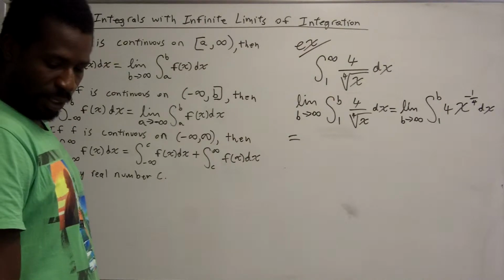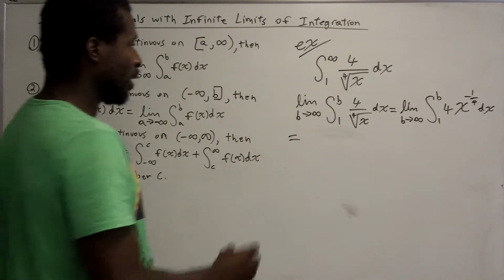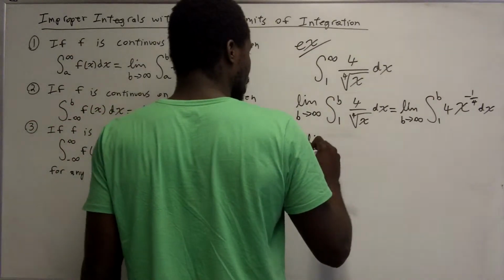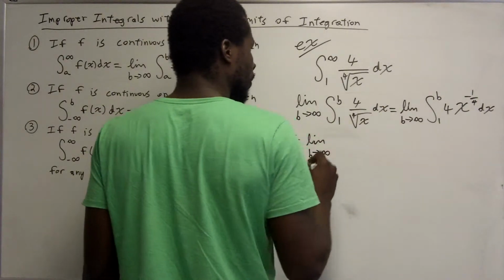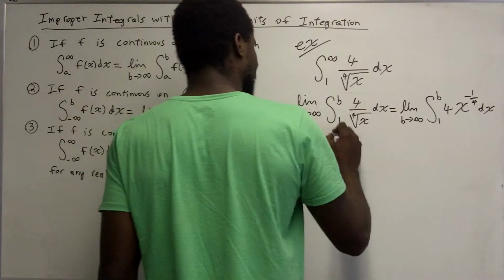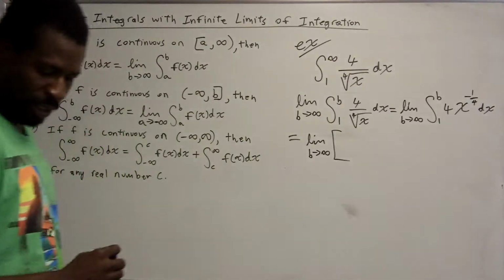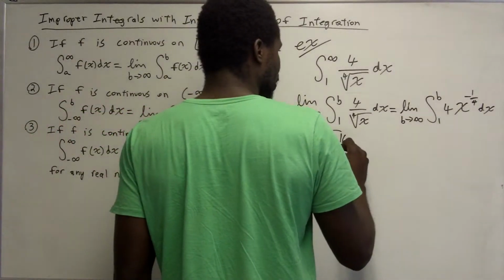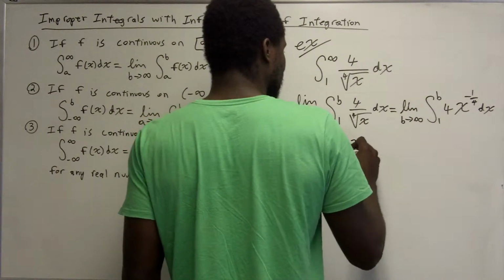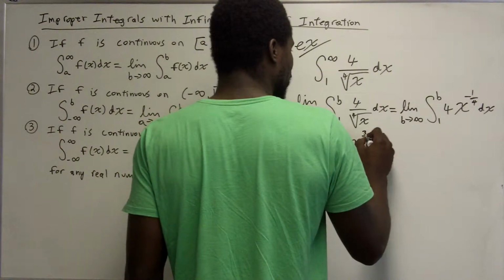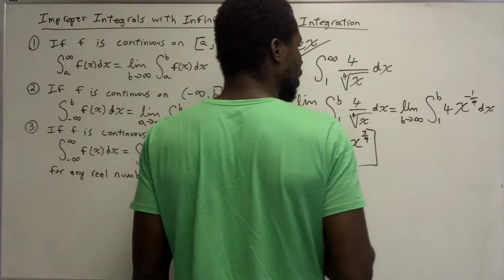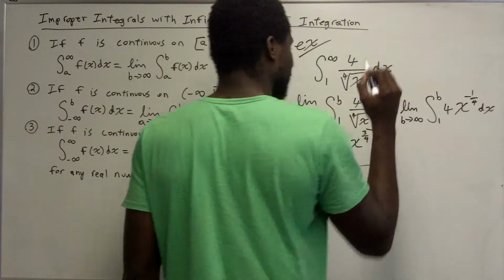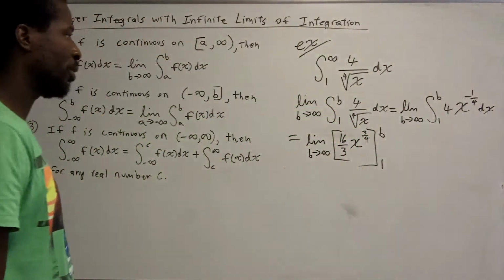Upon taking this antiderivative, I get that it's equal to the limit as b approaches infinity of 16 over 3 times x to the 3/4 power, taking this integration from 1 to b.